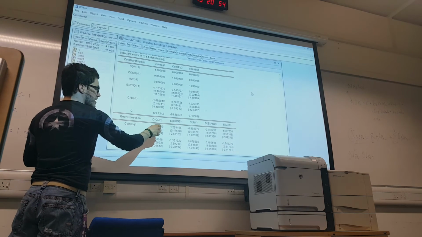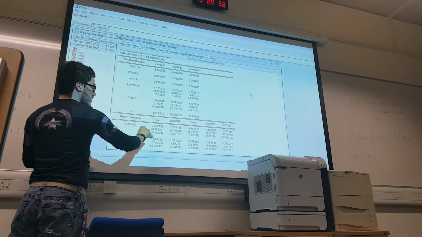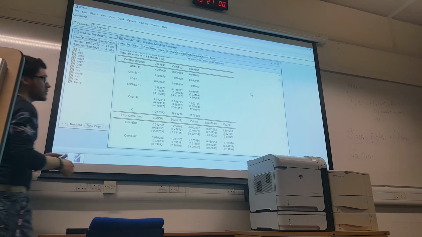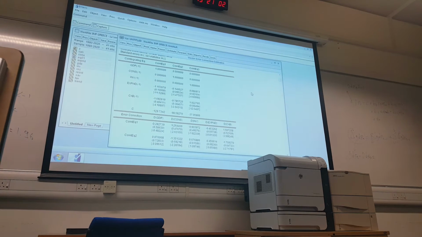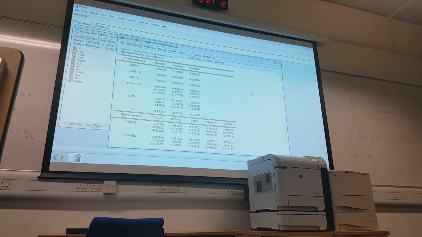So let's start with this case. The speed of adjustment of the first co-integrating equation is minus 0.28. However, the t-statistic is minus 0.48, way below 1.96.